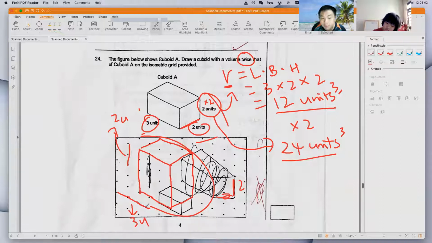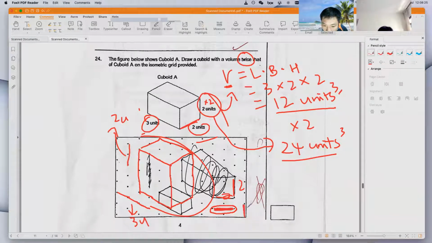So you must link up the dots. If you never link up the dots, let's say you do it this way, this is not right. You don't know how many U, because the distance here is very different from this distance.